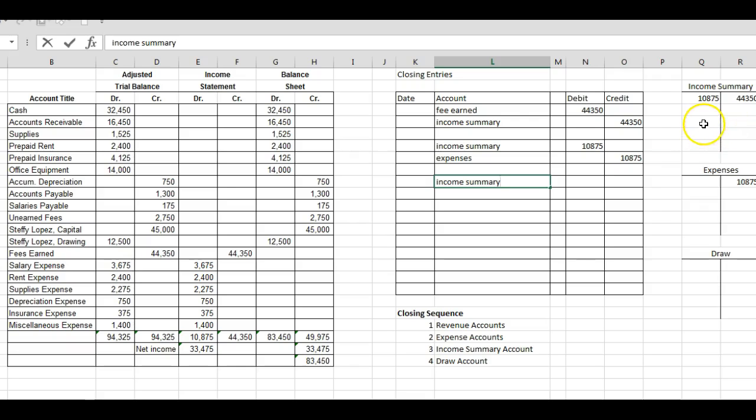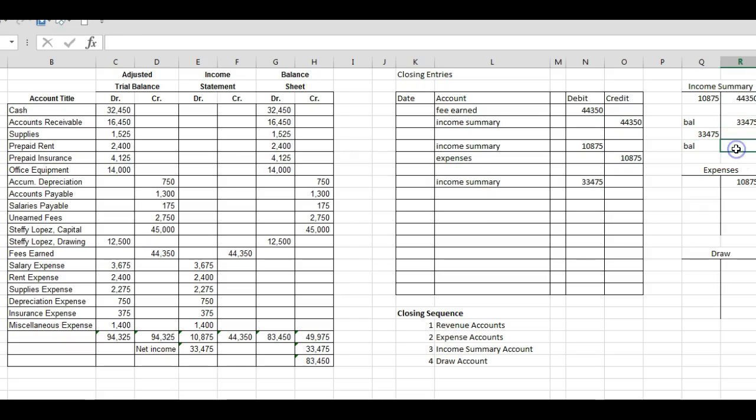Here's the balance at this point of $33,475. That's our net income, isn't it? So we're going to debit the income summary for $33,475. And when I do that, the balance now is zero.